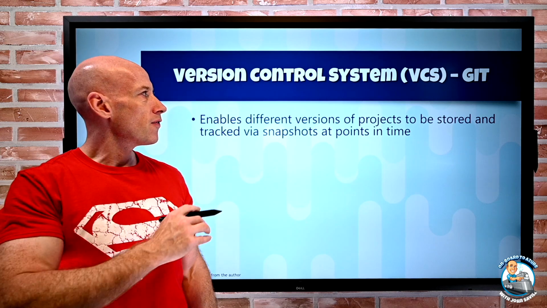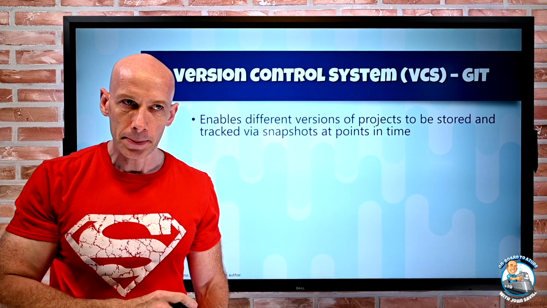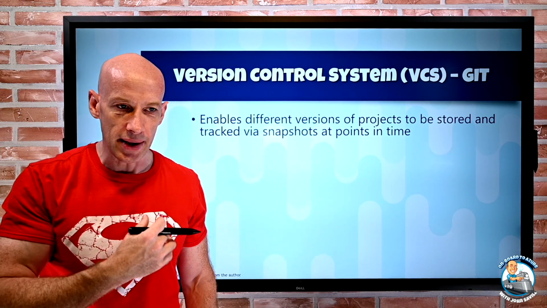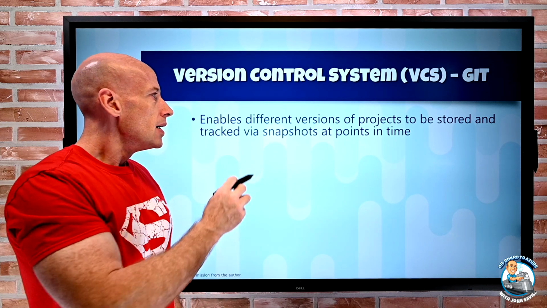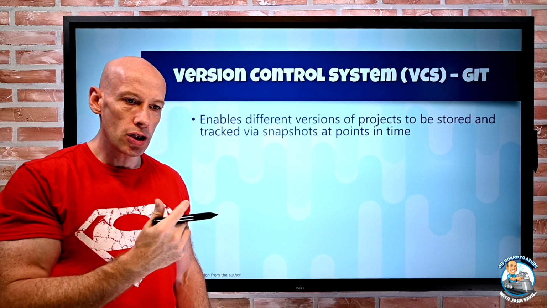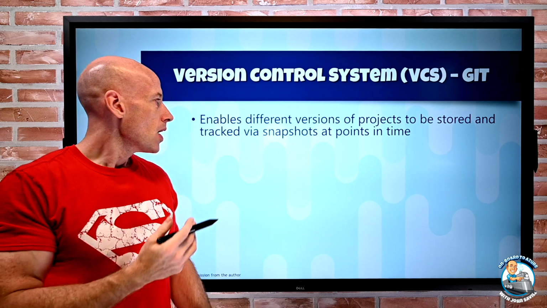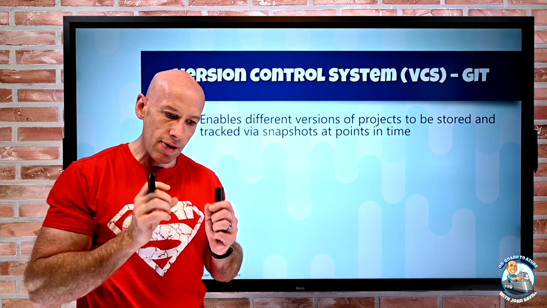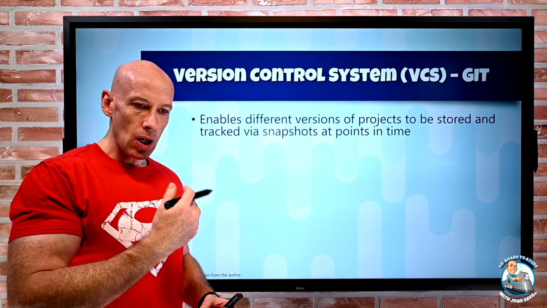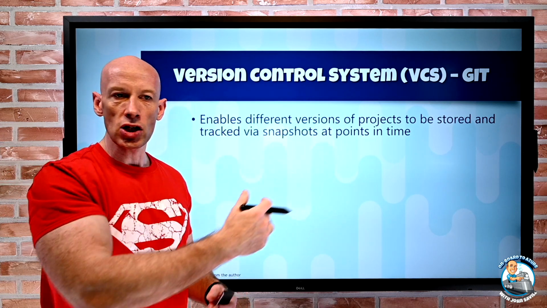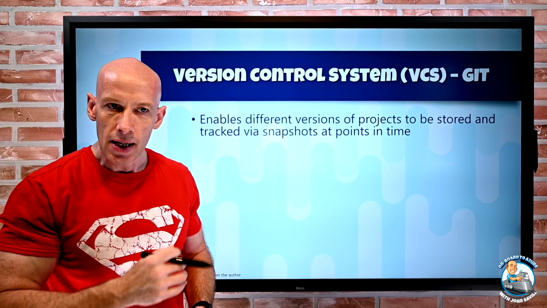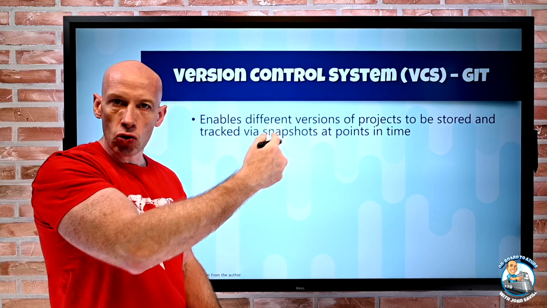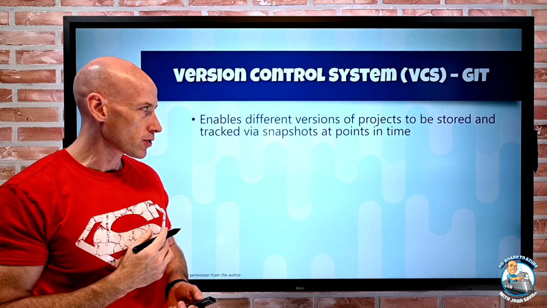So the whole point of a version control system, and Git is an example of one of these and the popular one, is that I can now have different versions of my project stored. I can have snapshots, point-in-time views of exactly where I am, and I can make changes for V1, V2, V3. I can see the full history of what I've done to those files.